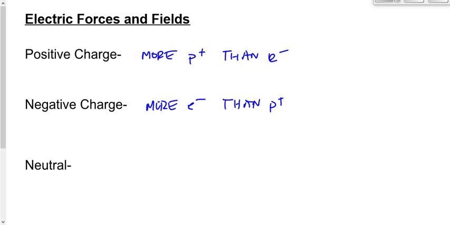By the way, if it's neutral, which is exactly what it was before I rubbed it against my hair, it's an equal number of protons and electrons, which is the normal state for things, right? If an atom has 6 protons, normally it has 6 electrons. Until you do something to it to change that.